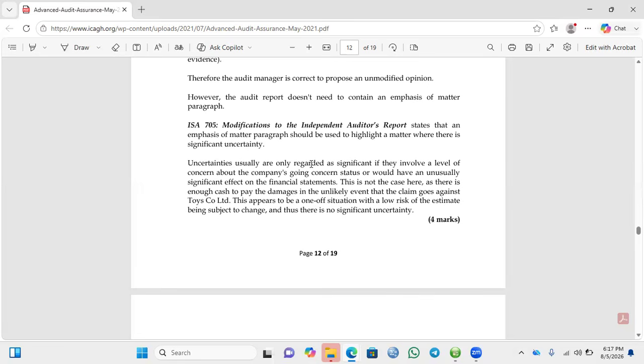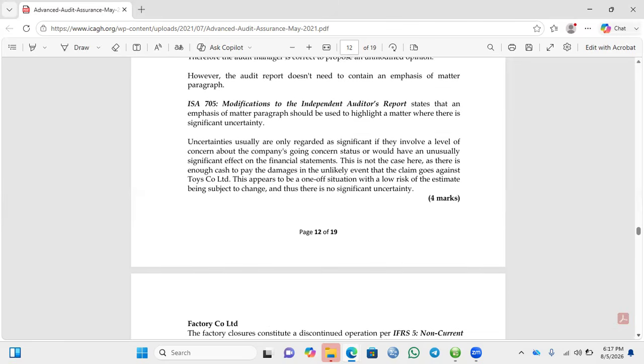Uncertainties are usually only regarded as significant if they involve a level of concern about the company's going concern status or would have an unusually significant effect on the financial statement. This is not the case here, as there is enough cash to pay the damages. Okay, so we now know at what point you have to use the emphasis of matter paragraph: when the issue has a high level of uncertainty.